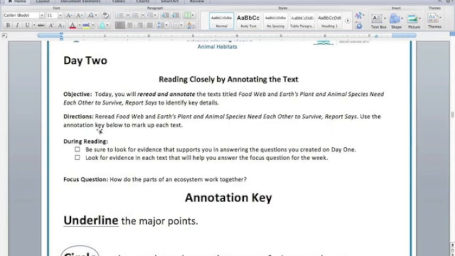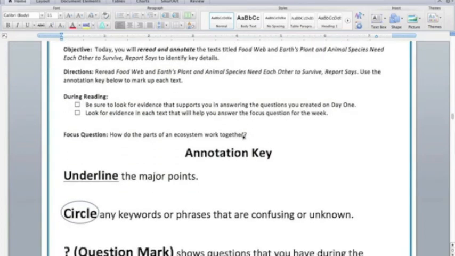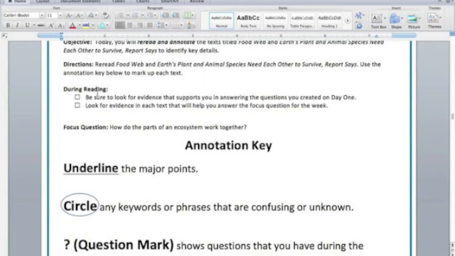Use the annotation key below to mark up each text. During read, be sure to look for evidence that supports you in answering the questions you created on day 1.